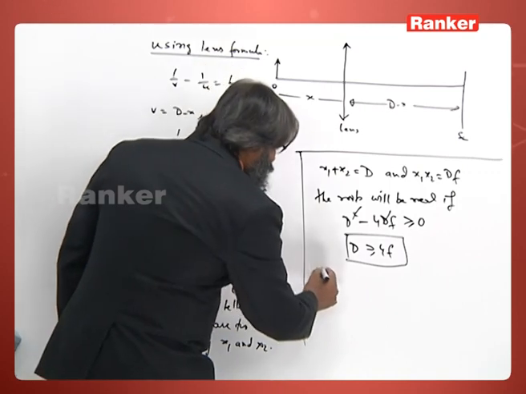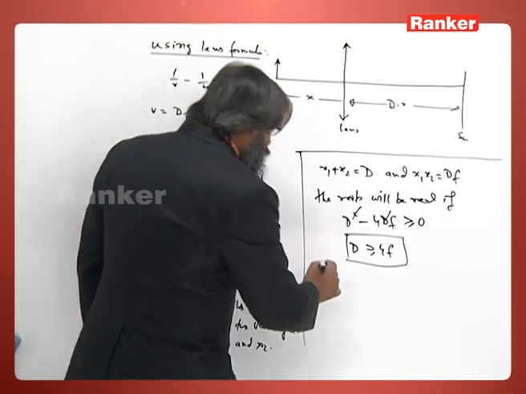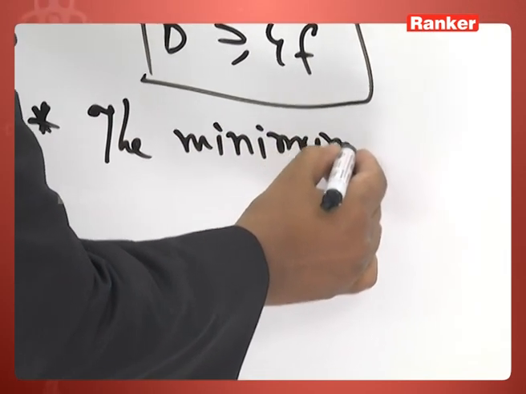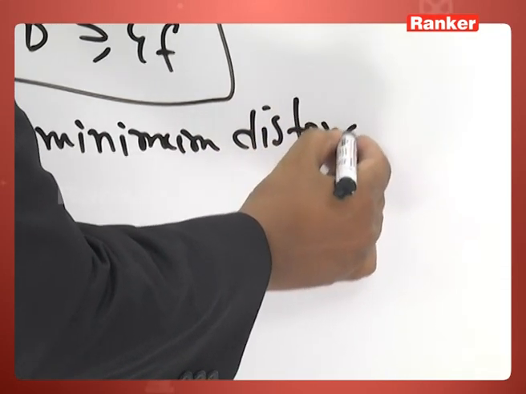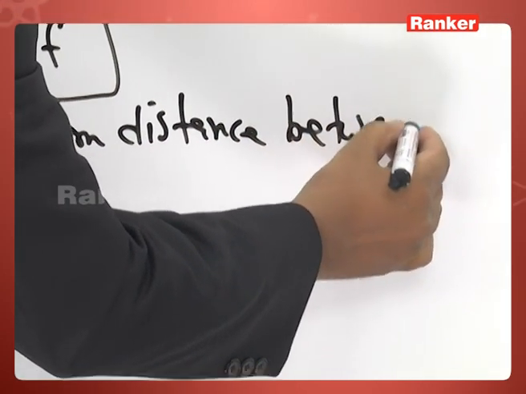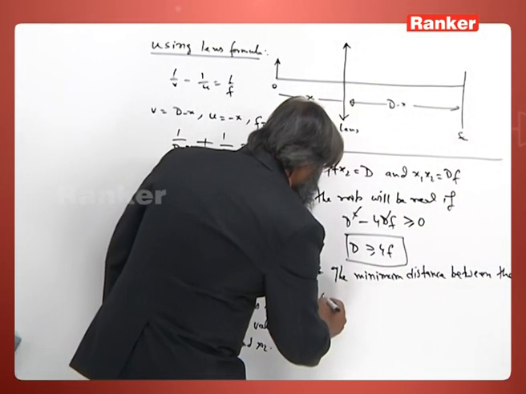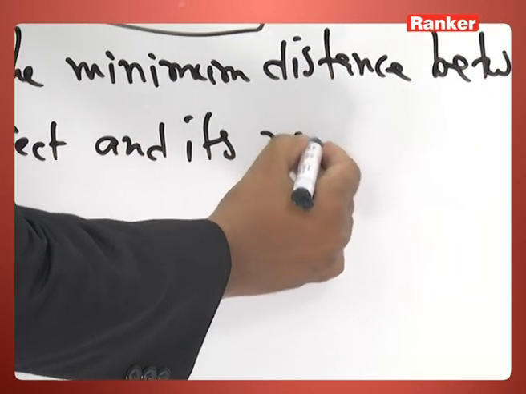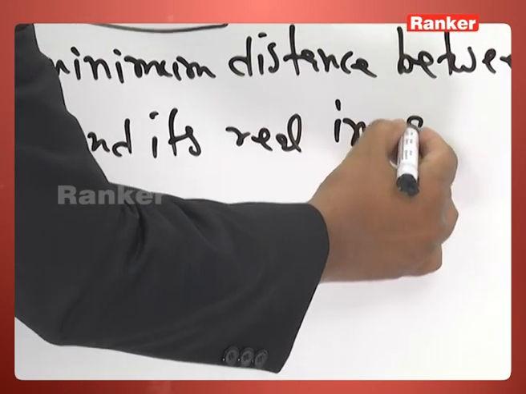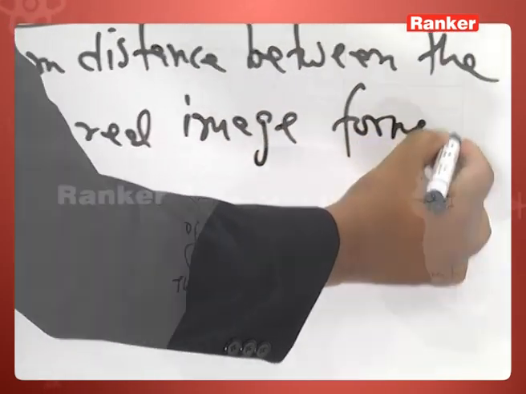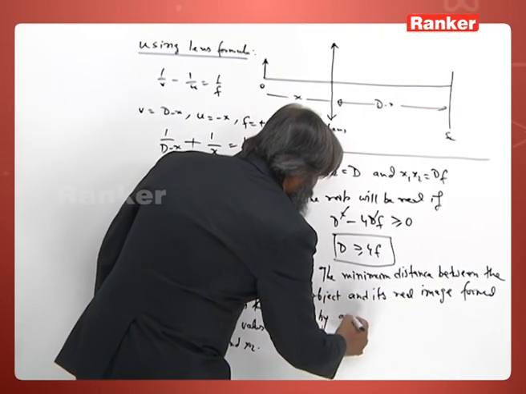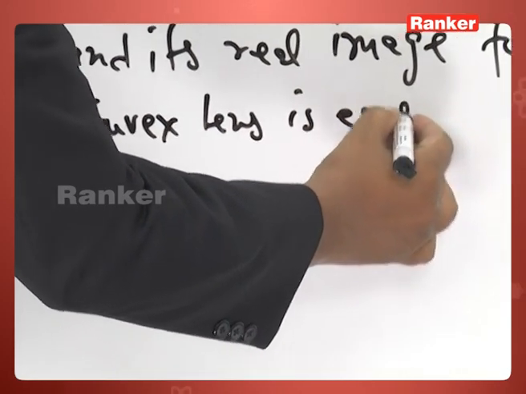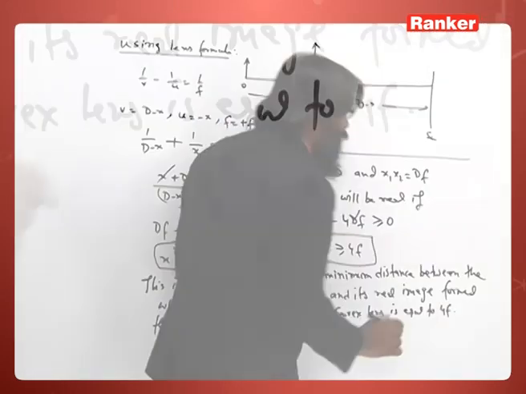So, a very important point I got here, that is, the minimum distance between the object and its real image formed by a convex lens is equal to 4f, 4 times f.